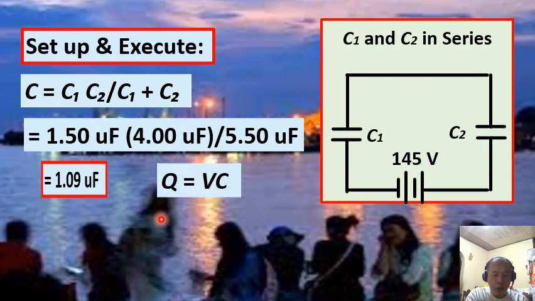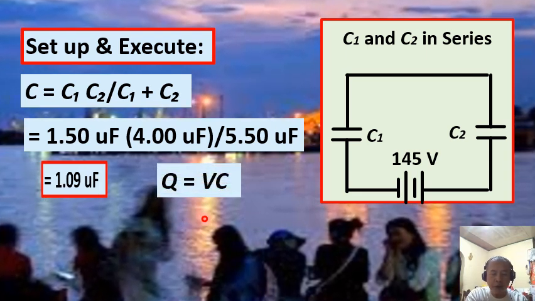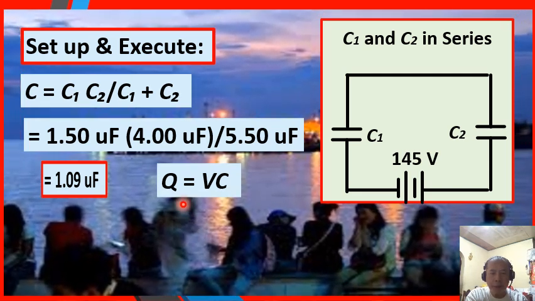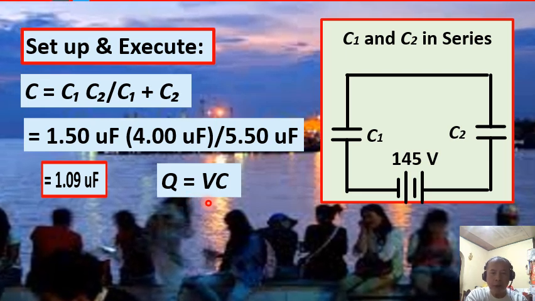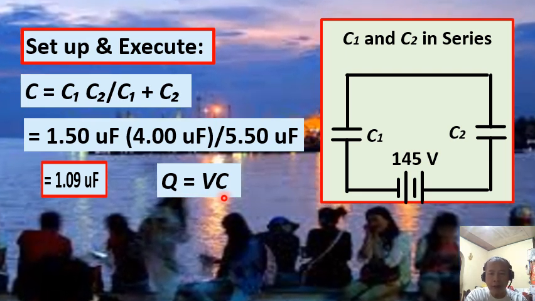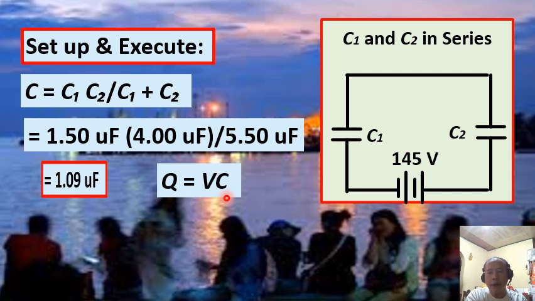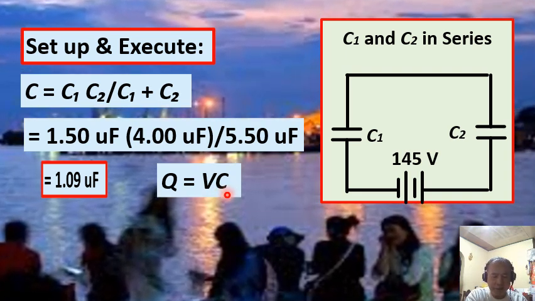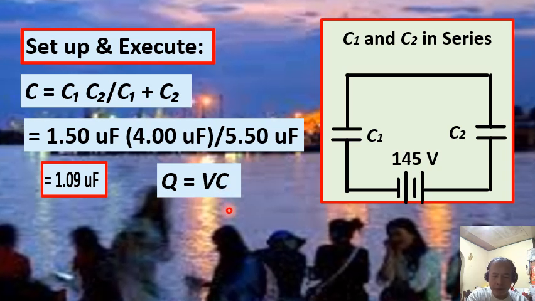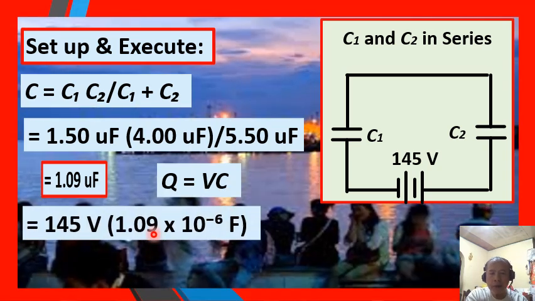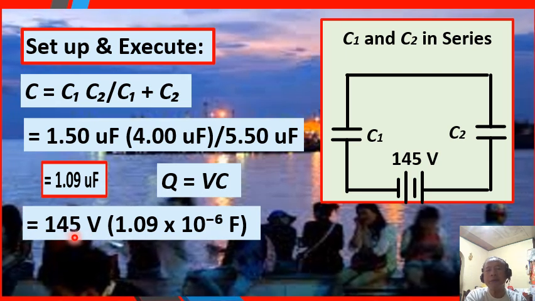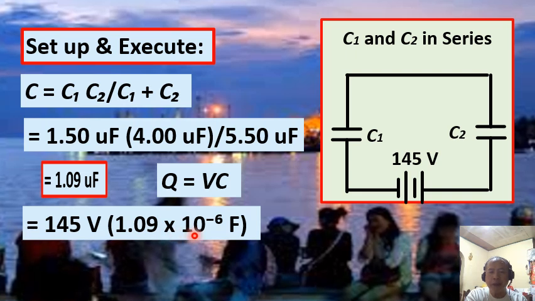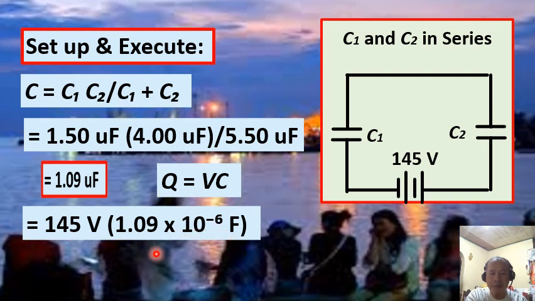We then compute the total charge big Q stored in the two capacitors using the formula. Big Q is equal to the product of the total voltage and the equivalent capacitance, big C. That is, big Q is equal to 145 volts multiplied by 1.09 times 10 to the negative 6 farad.